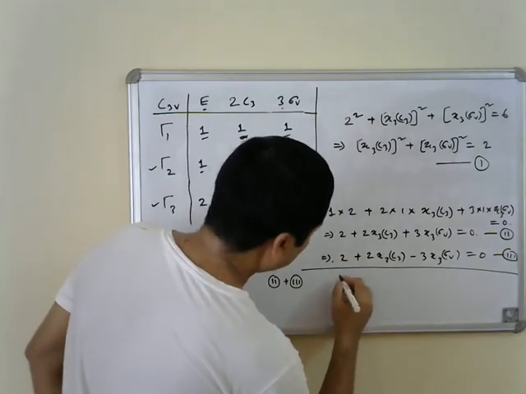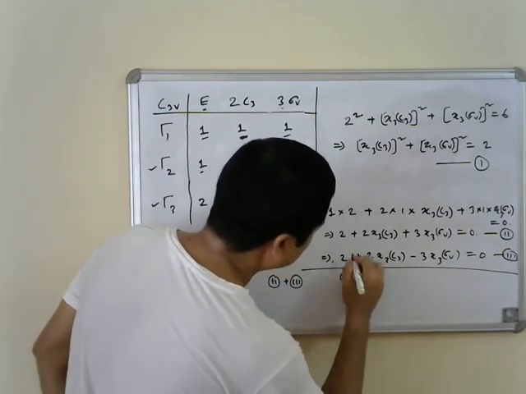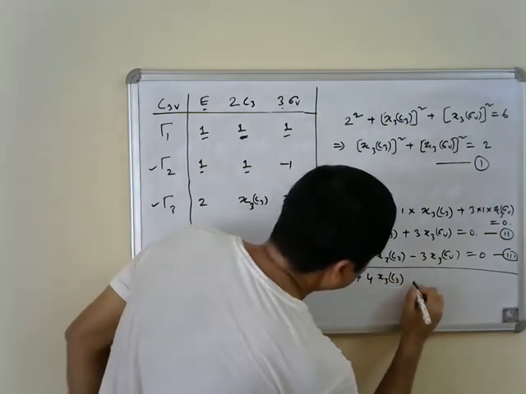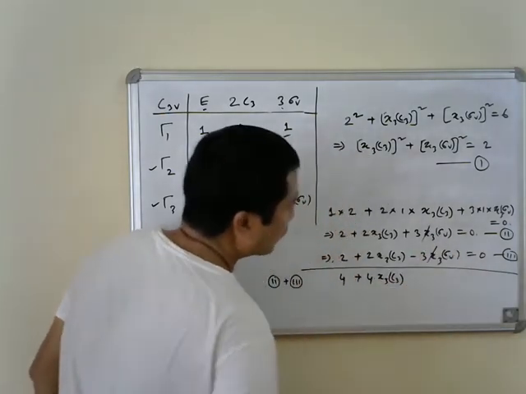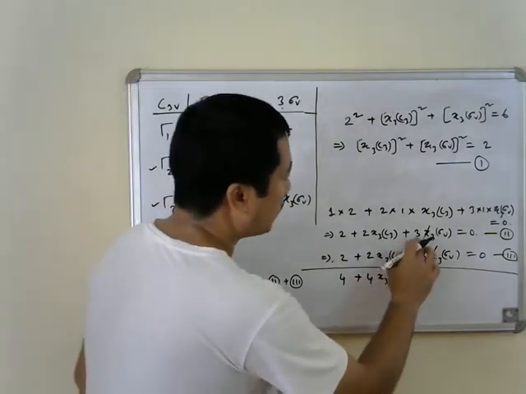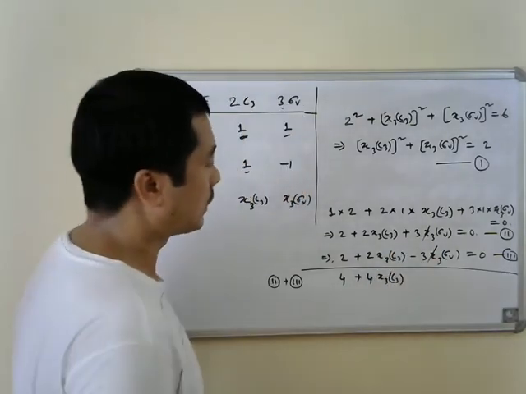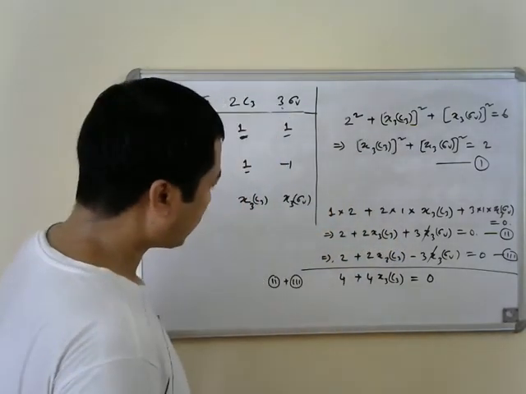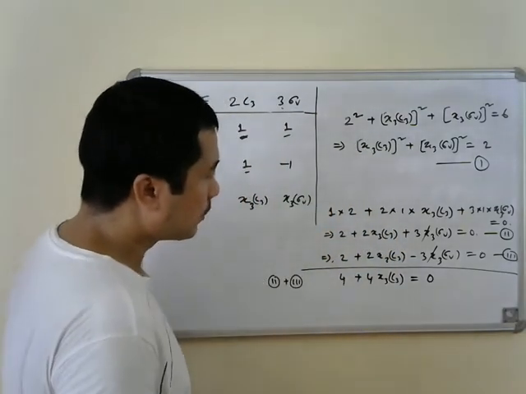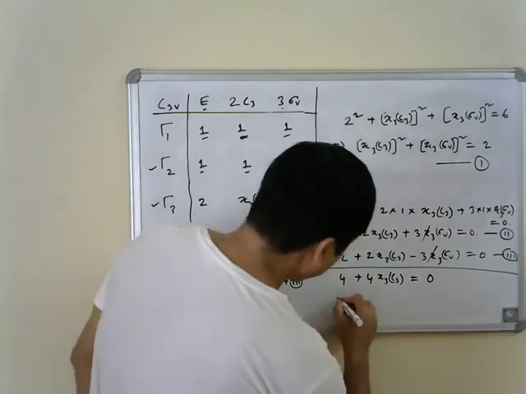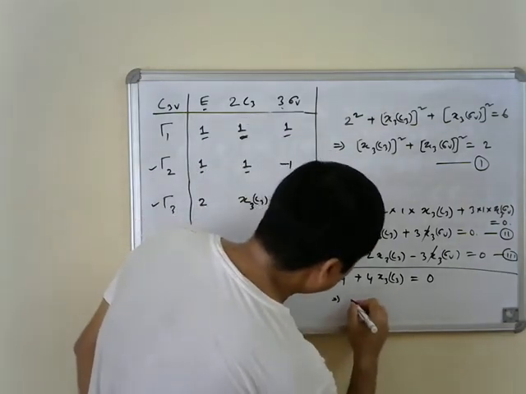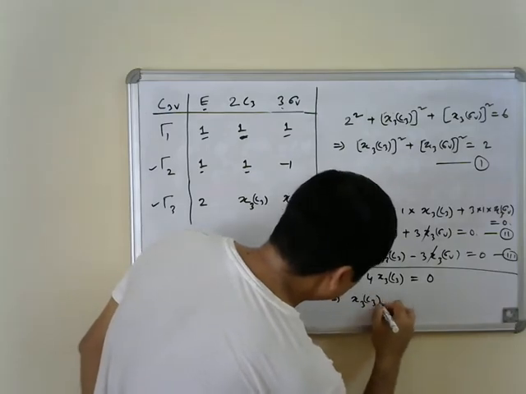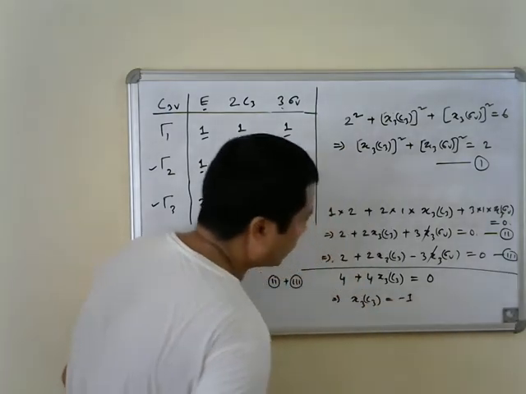If we do so, it is going to become 4 chi3 c3, and these two terms, 3 chi3 sigma v minus 3 chi3 sigma v, are going to cancel. So that will not be there in the final expression when we add equation 2 and equation 3. This will give us chi3 c3 equal to minus 1 essentially.